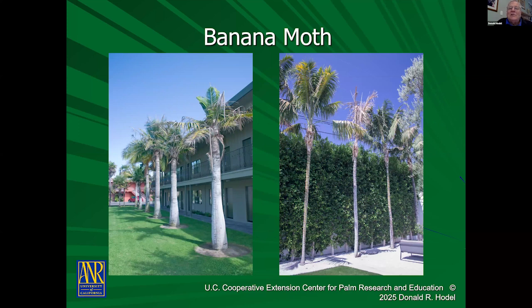So these are the symptoms. Again, it's mostly the new growth. So maybe it's the palm weevil, but it's not. But the banana moth is basically our palm weevil up here in LA and Orange counties until the palm weevil gets here and displaces it. But this is a serious pest that's flown under the radar for a long time.